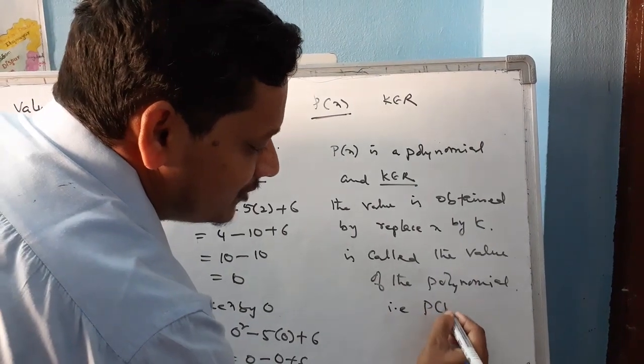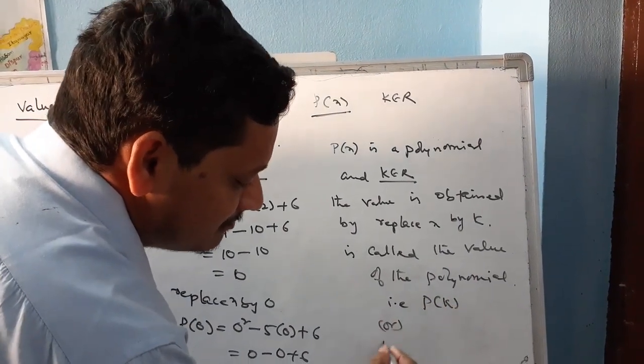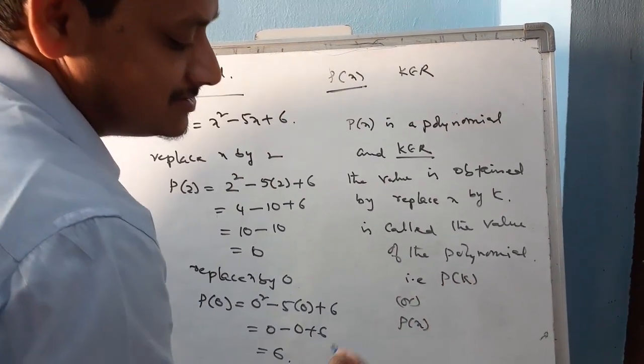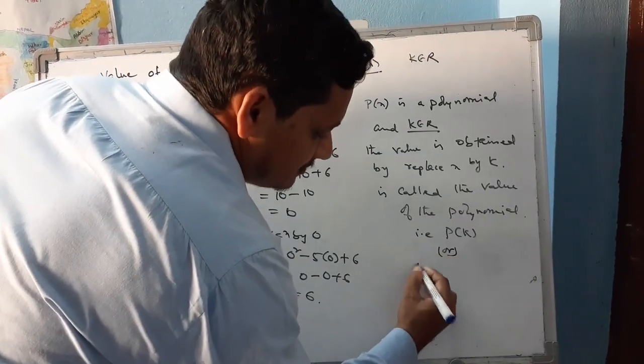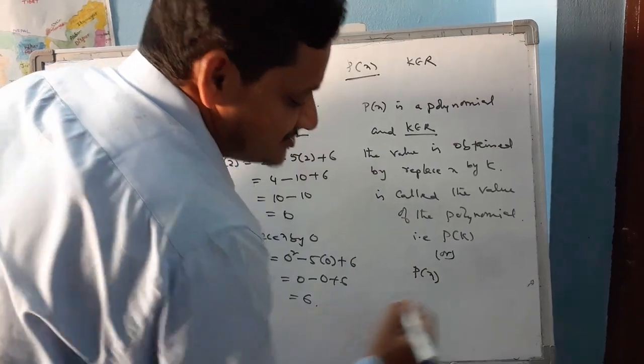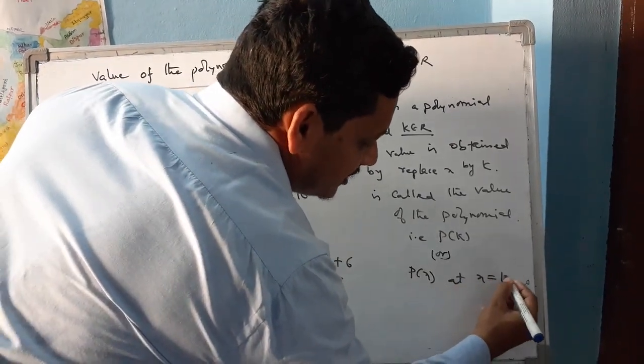That is p of k, or we can write it as p of x at x is equal to k.